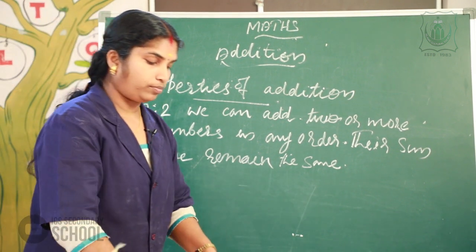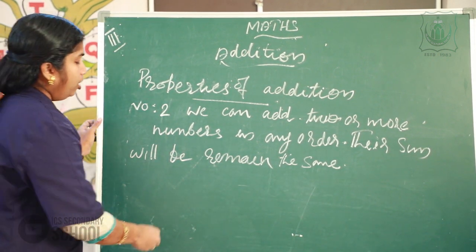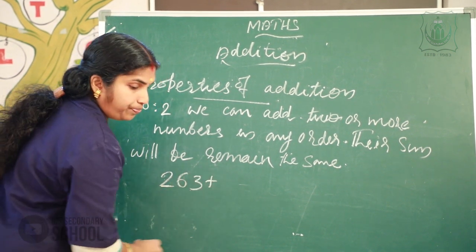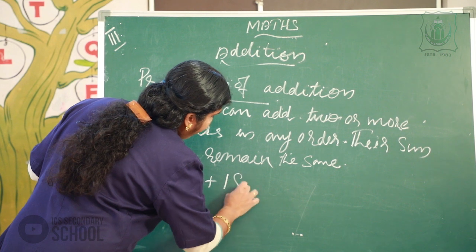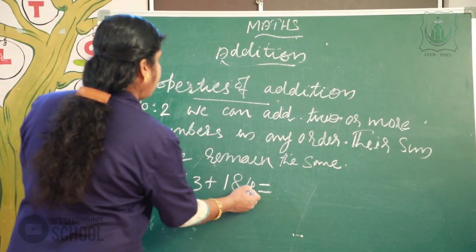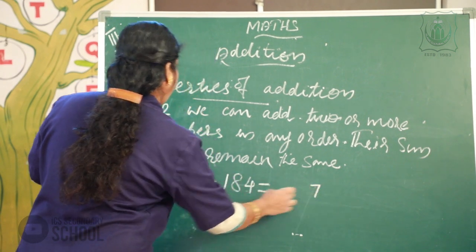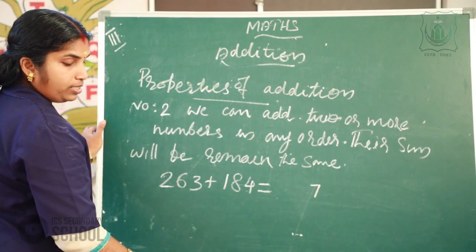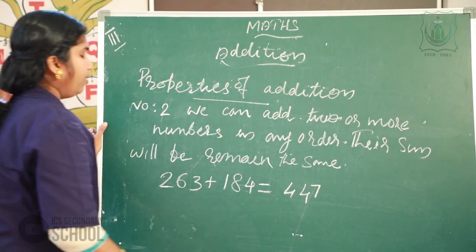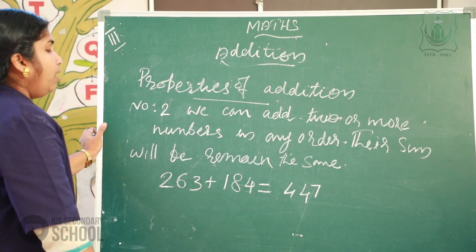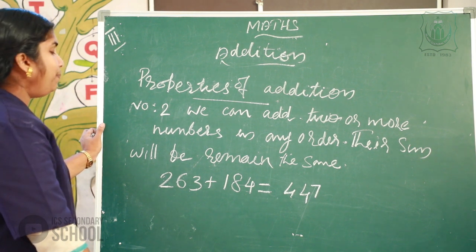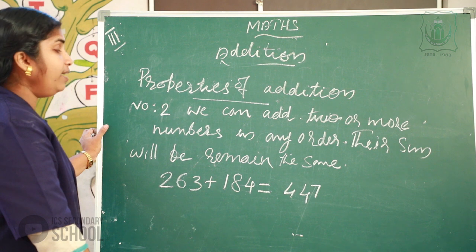Example, 263 plus 184. We get the answer 447. 3 plus 4, 7. 6 plus 8, 14. 2 plus 1, 3, plus 1, 4.